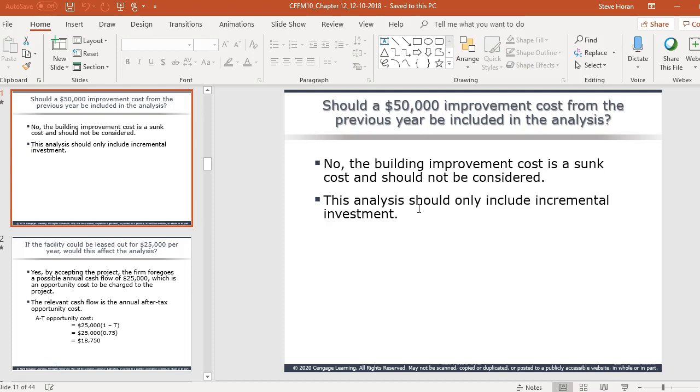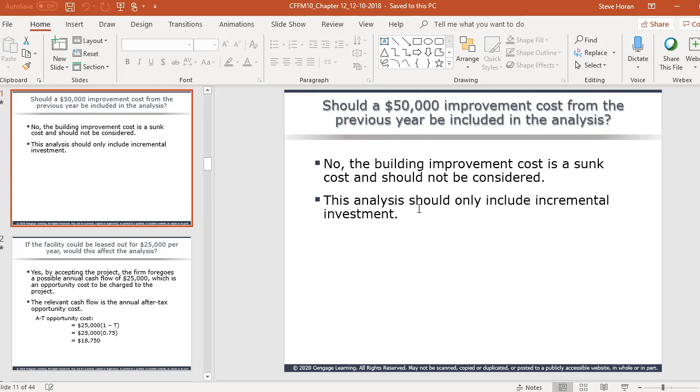So we looked at a building that's empty, and we commissioned a study to figure out what we should do with the building. We spent $50,000 to try to figure this out, and maybe that included some kind of market analysis or market study that helped us figure out, should we sell it, should we lease it, should we improve it, should we buy equipment and launch a new product, which obviously is the route that we took.